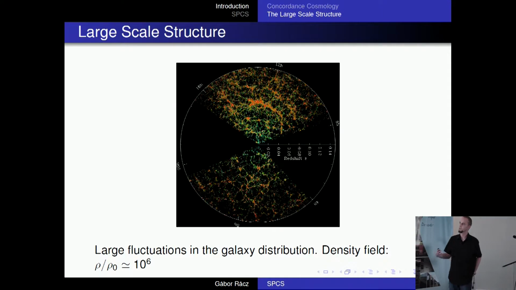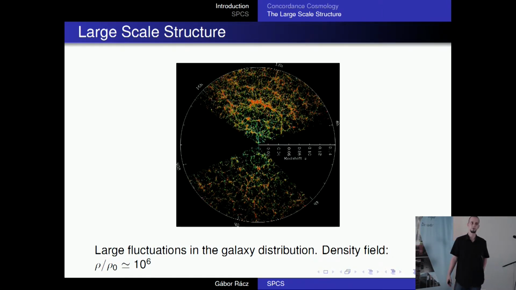And if we look a bit closer, so we look at the galaxy distribution in the nearby universe, we see this picture. These points are basically galaxies, and you can see big voids, walls, clusters of galaxies, superclusters.